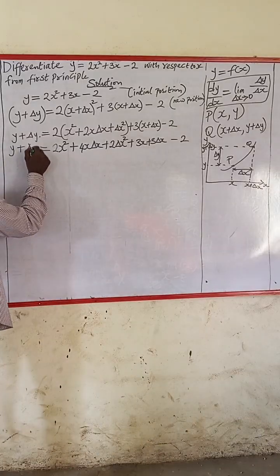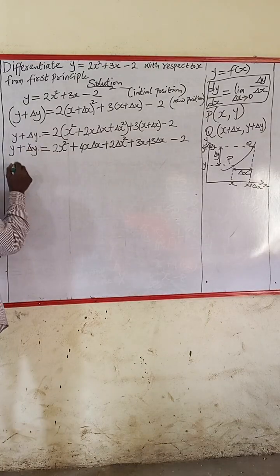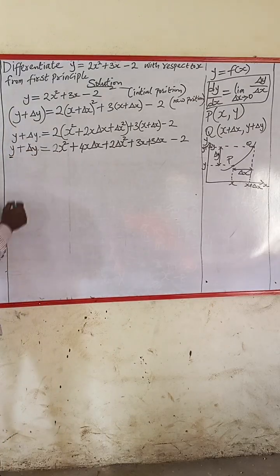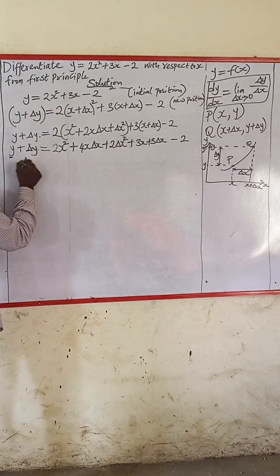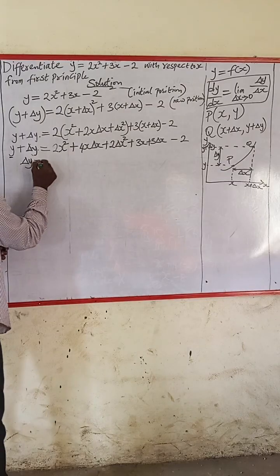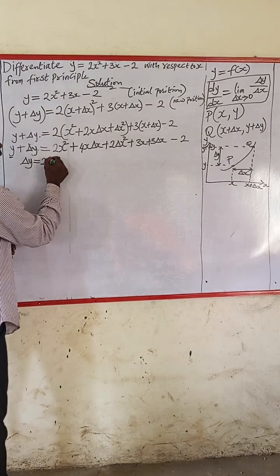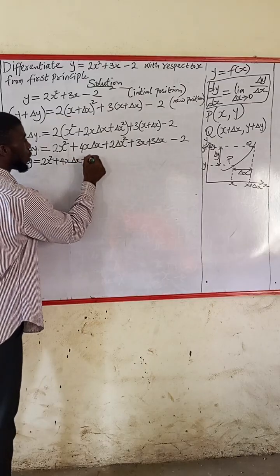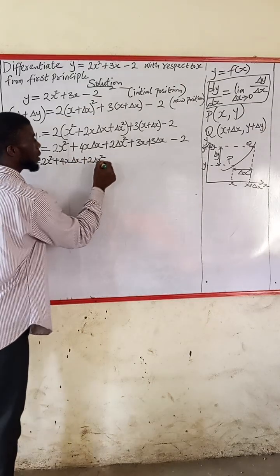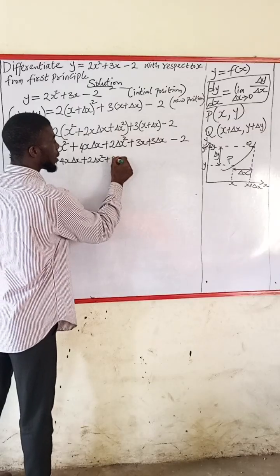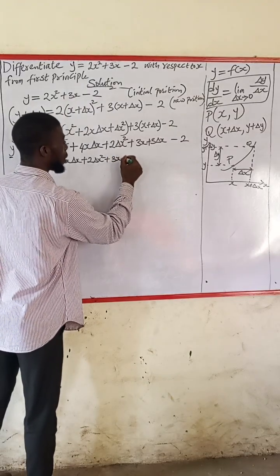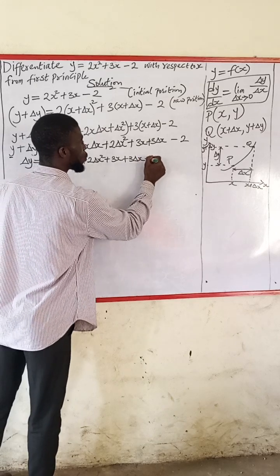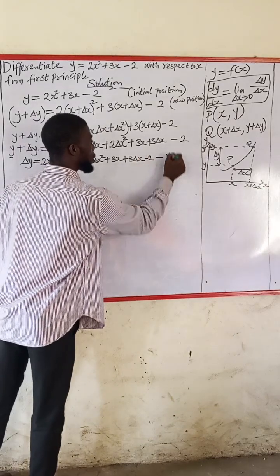Now we already have our changing y here. We can now take y to the right hand side since we want to make changing y the subject of the formula. This would now be that changing y is equal to 2x squared plus 4x changing x plus 2 changing x squared plus 3x plus 3 changing x minus 2 minus y.